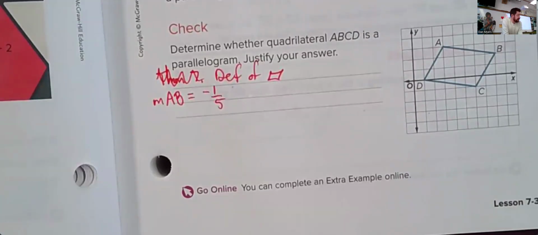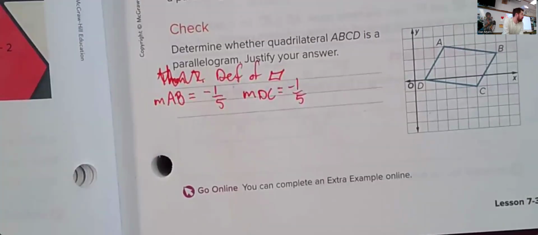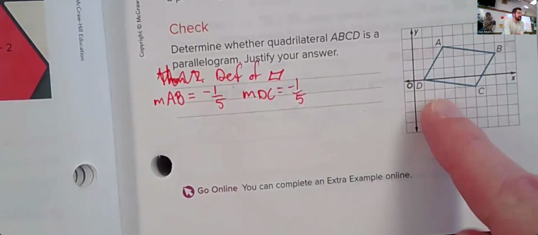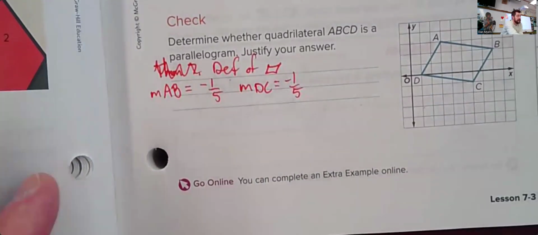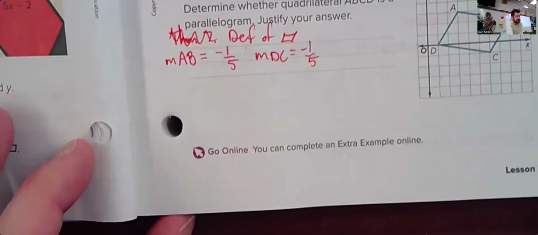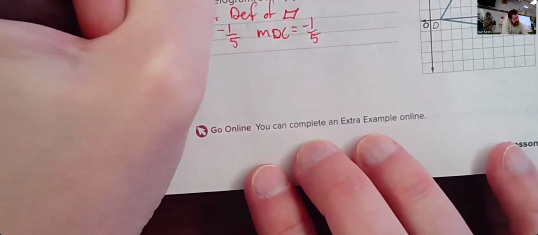What's the slope of DC? -1/5, because it's down 1 and over 5. Okay, so those two opposite sides have the same slope. So far, so good. Now we need the slope of DA.